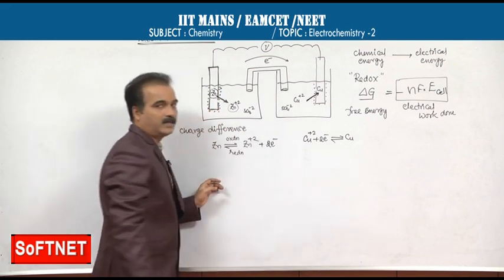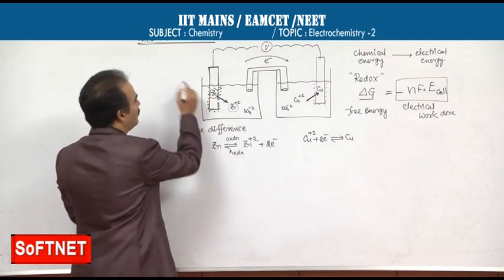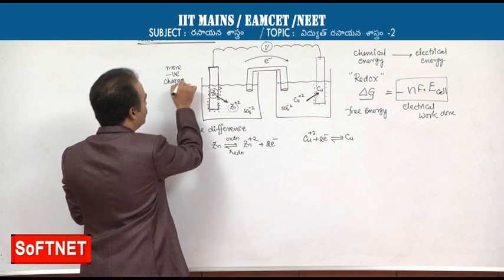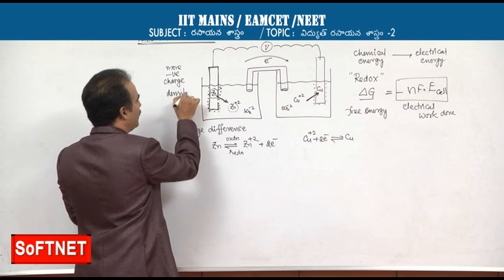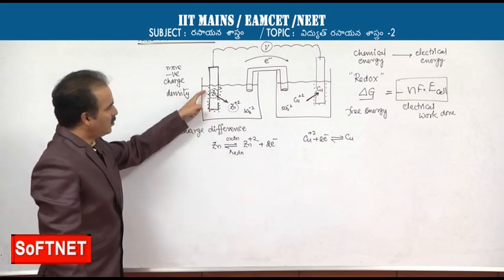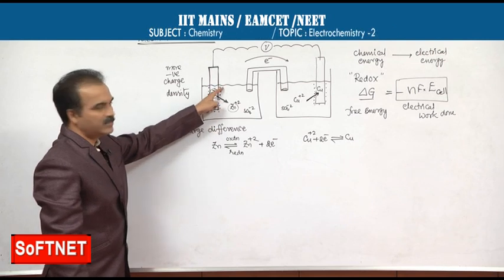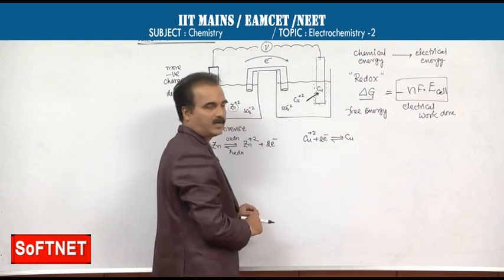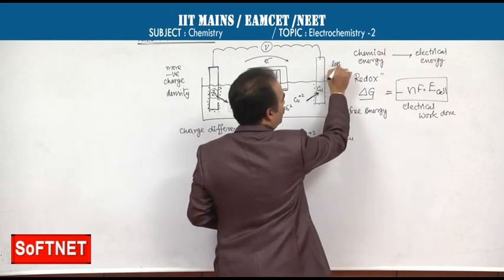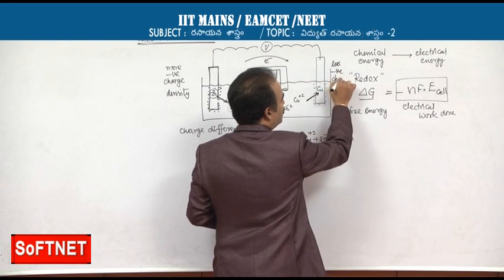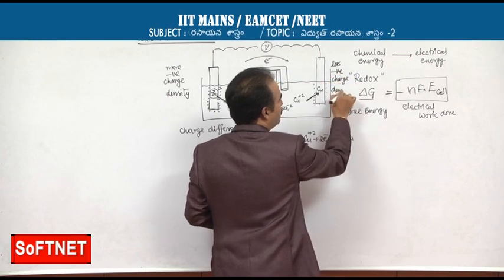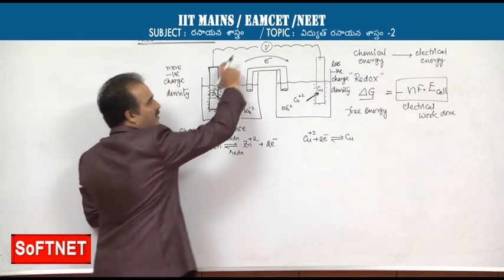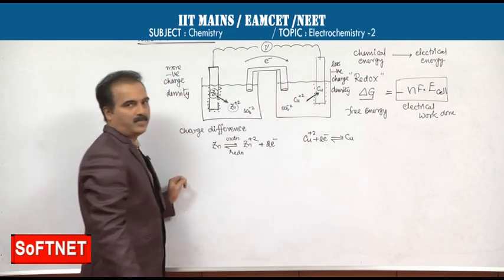Reason: more negative charge density is developed at the zinc electrode, and less negative charge density is developed at the copper electrode. As a result of this more negative charge density, electrons will travel from the zinc electrode to the copper electrode.